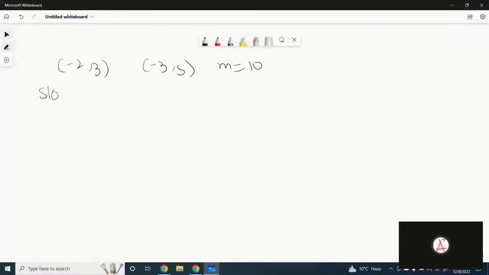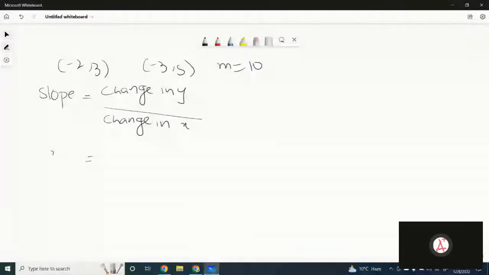We know that the slope equals change in y divided by change in x. Either you can write m equals y2 minus y1 divided by x2 minus x1.